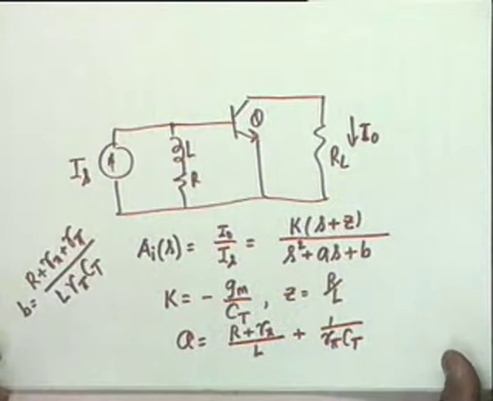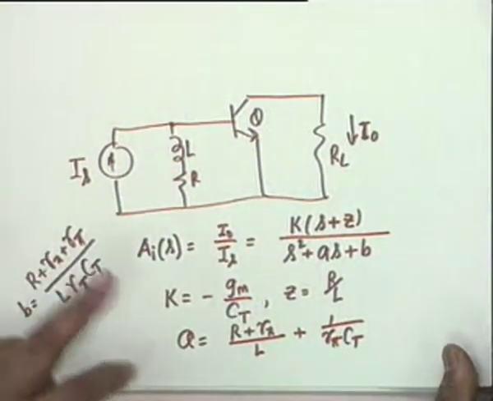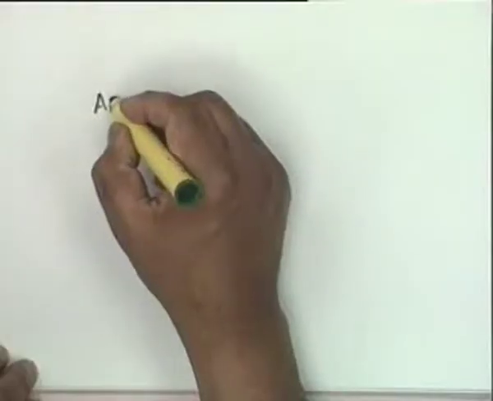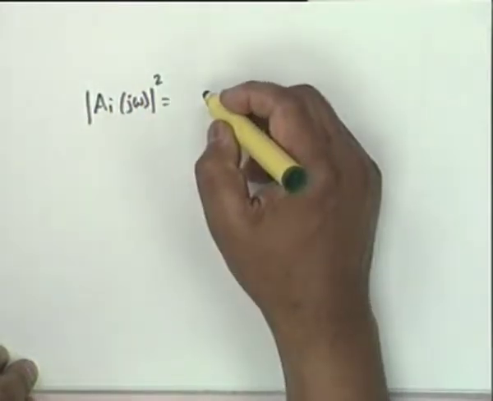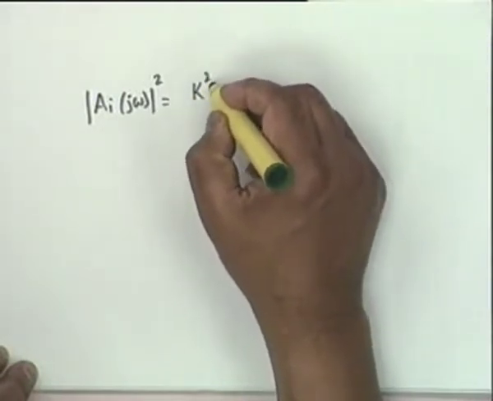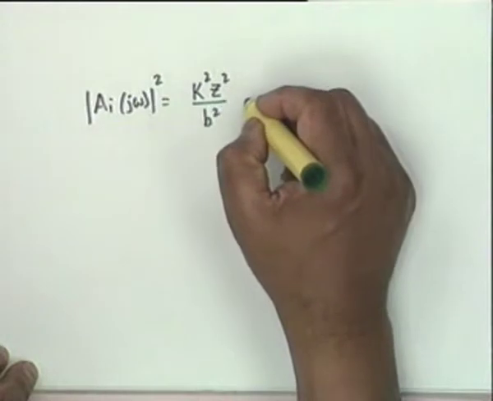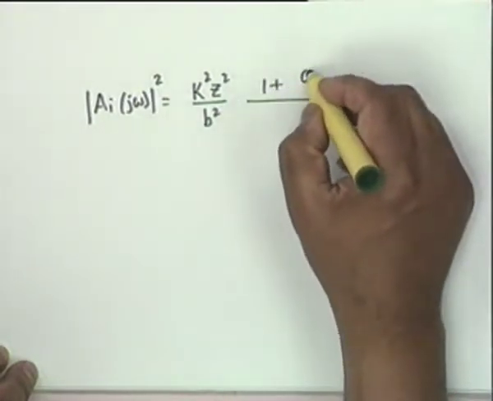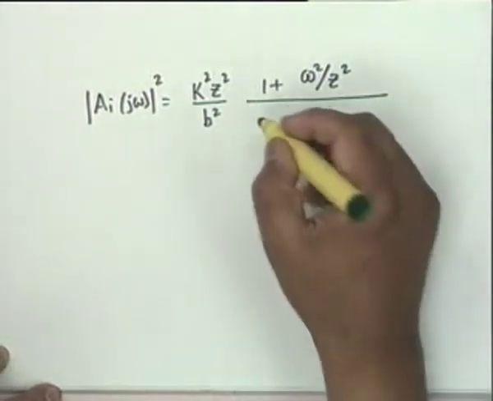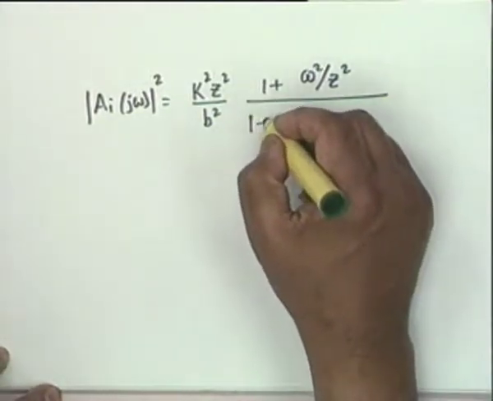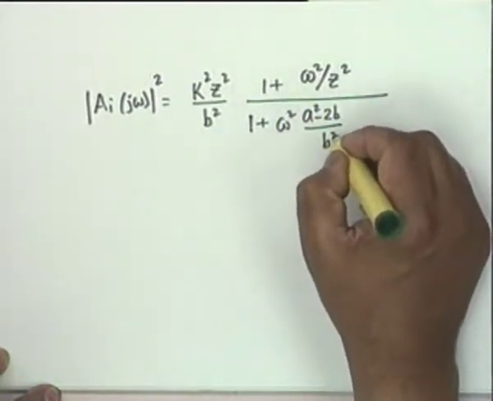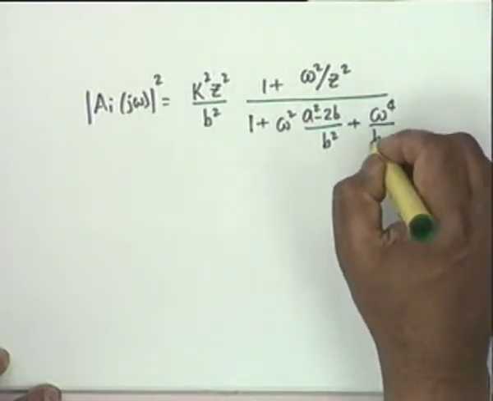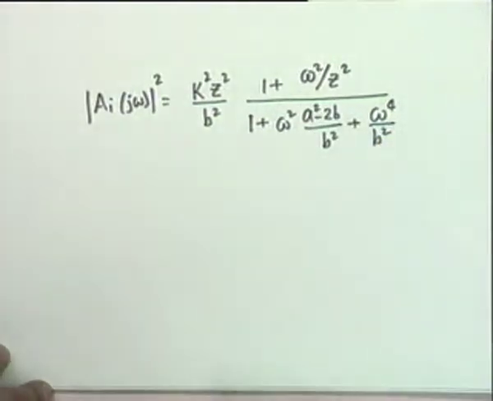This is the transfer function, and by taking the magnitude squared, we had reduced it to the following form: |A_I(j omega)| squared equals k squared z squared divided by b squared, times 1 plus omega squared by z squared, over 1 plus omega squared (a squared minus 2b) divided by b squared plus omega 4 divided by b squared.